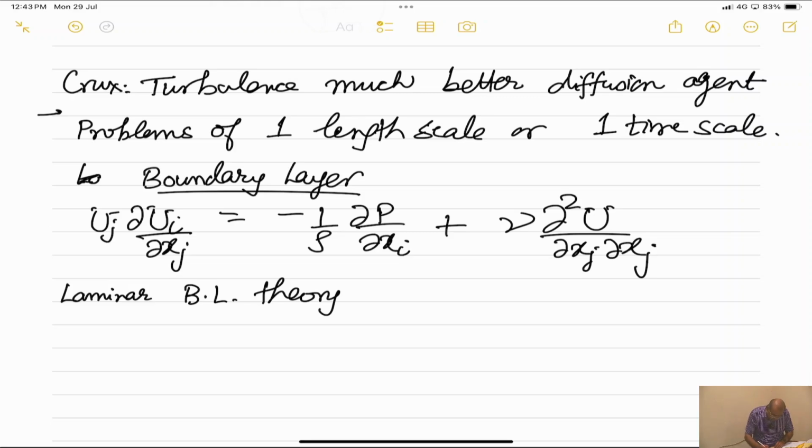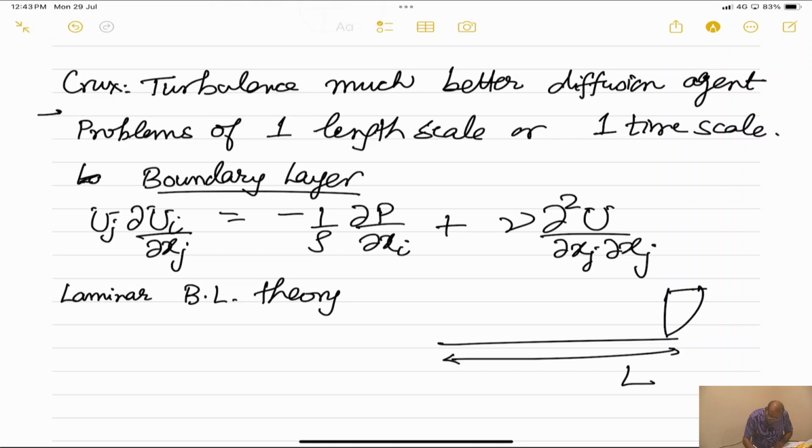So, what we have is something like, if it is a flat plate of length L, there is a boundary layer going. This boundary layer at the end of the plate has a width delta.